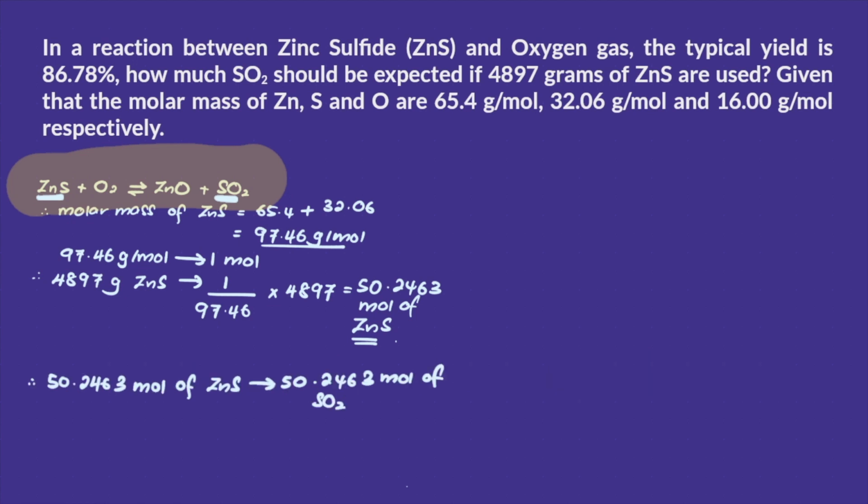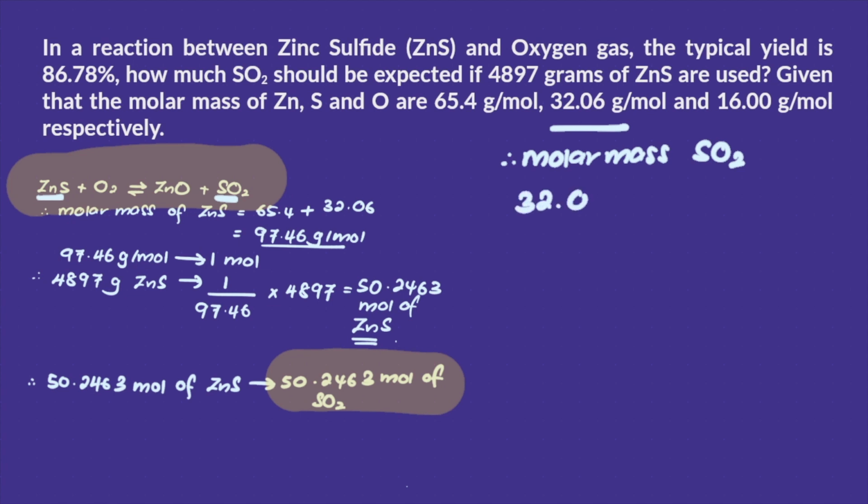Alright, now since we know the number of moles for sulfur dioxide, what we need to do is calculate the molar mass of sulfur dioxide so that we know the yield. The molar mass for sulfur dioxide is the same concept. So your sulfur is 32.06.